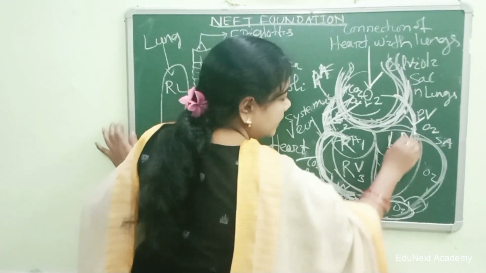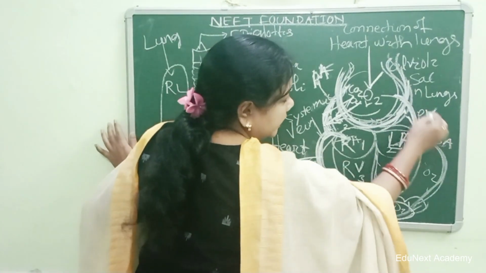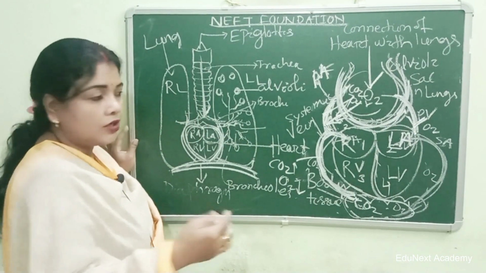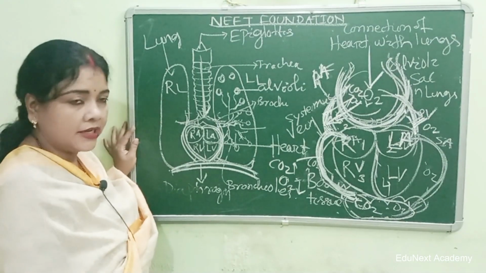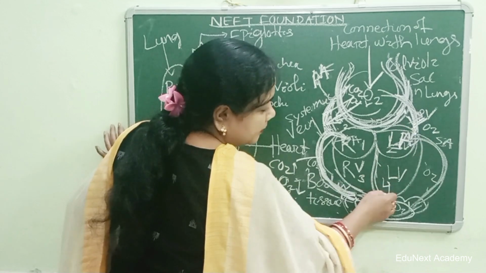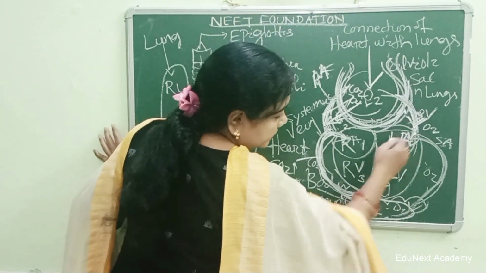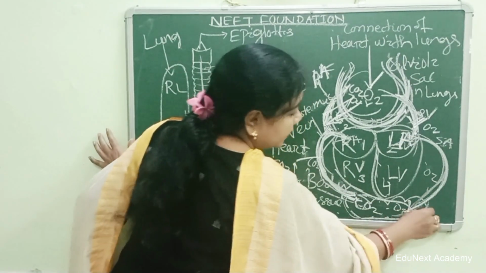That pulmonary vein is connected to the left atrium. This pulmonary vein contains oxygenated blood, the oxygen collected from the alveolar sac. Then from the left atrium to the left ventricle, the oxygenated blood flows through the systemic aorta.